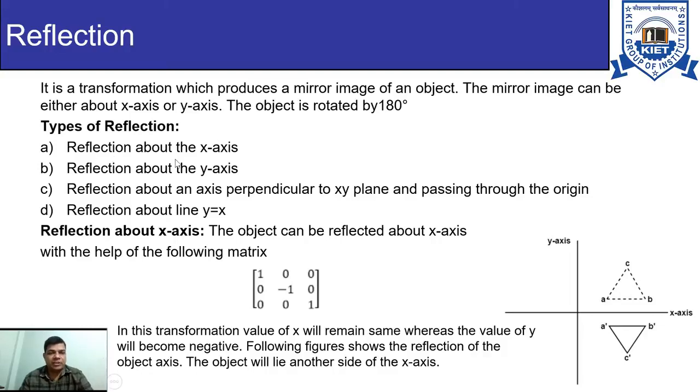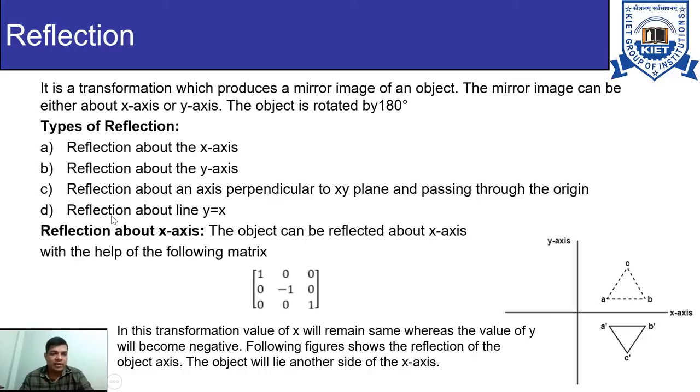So reflection can be about the x-axis, about the y-axis, or about an axis perpendicular to the xy plane and passing through the origin. This is the reflection about the z-axis.